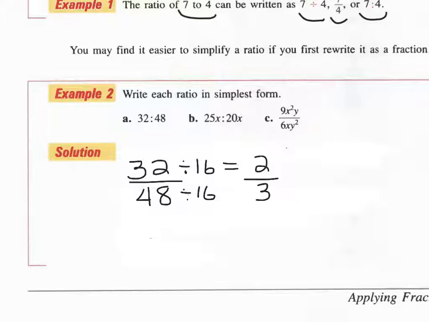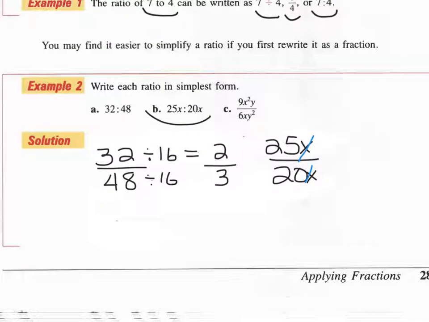So the next one, again, I'm going to write 25x over 20x, and I'm going to simplify the ratio. The x's will cancel out, they'll become 1s, and then I can divide both of these by 5, or if you wanted to think of it as dividing by your GCF, which is 5x, and then my simplified ratio is going to be 5 over 4.